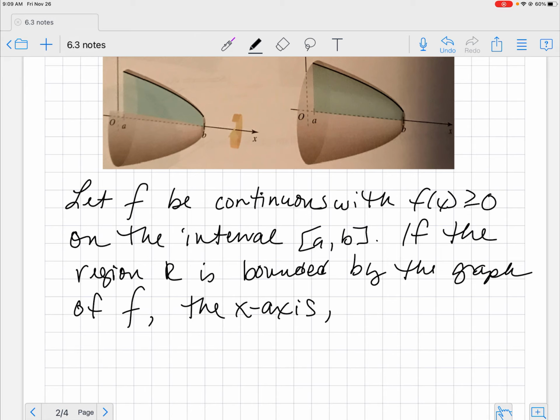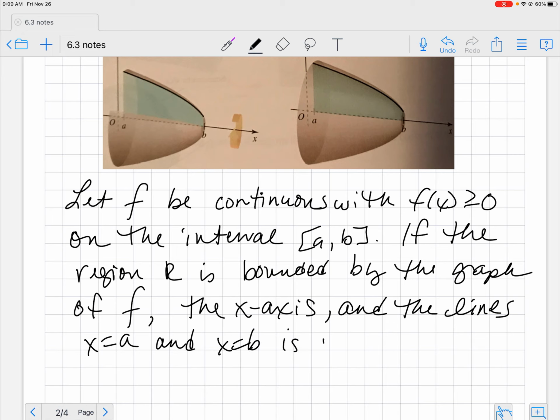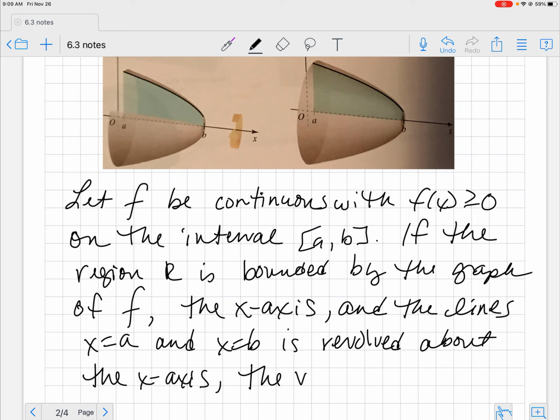And the lines x equals A and x equals B, and this is revolved about the x-axis, the volume of the resulting solid is given by this.